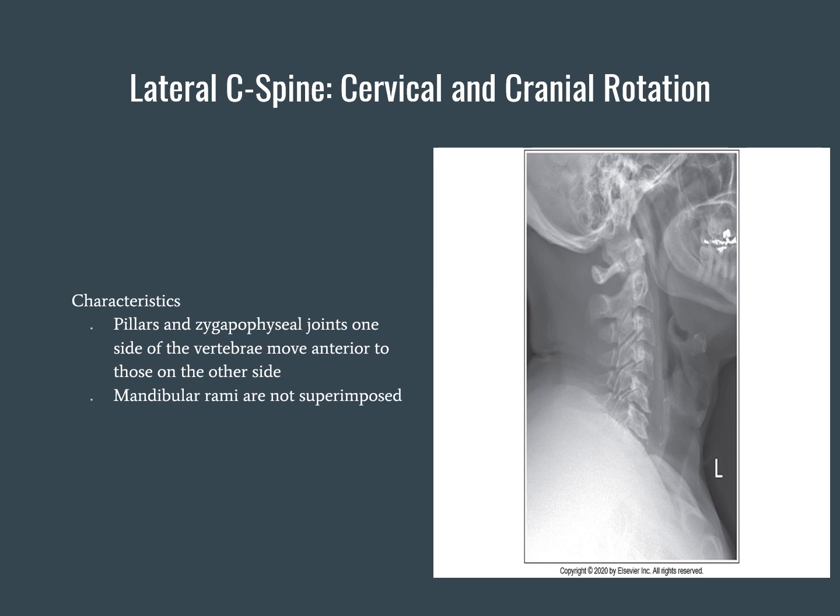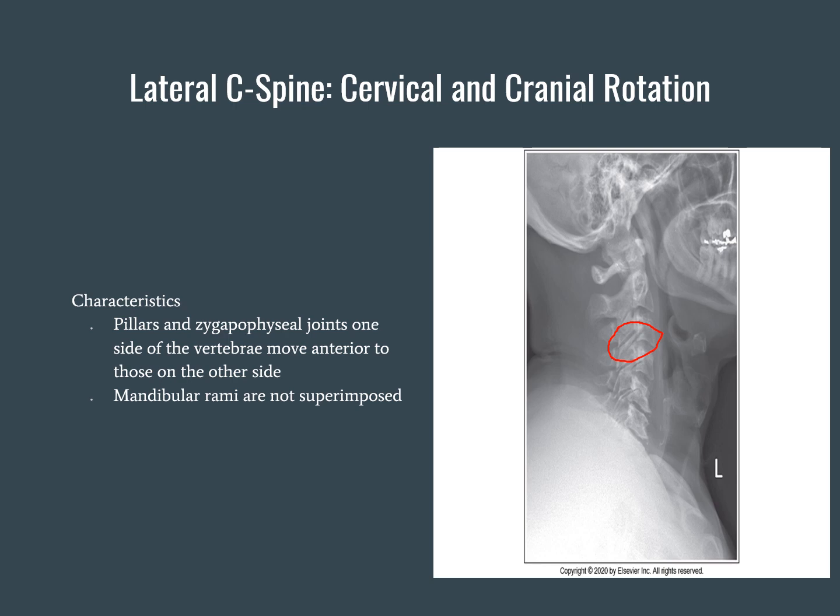When the torso or the cranium is rotated, the pillars and the zygapophyseal joints on one side of the cervical vertebra move anterior to those on the other side, as demonstrated here, whereas they should be superimposed, and one mandibular ramus is demonstrated anterior to the other, as demonstrated in this image.